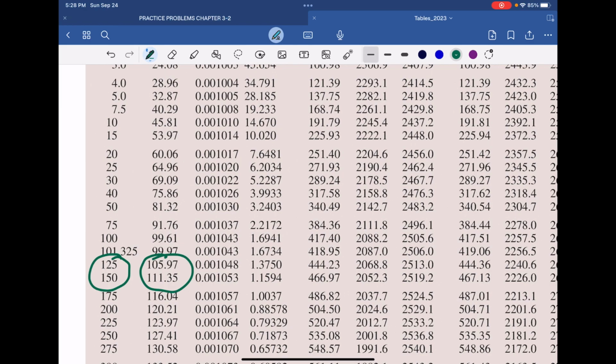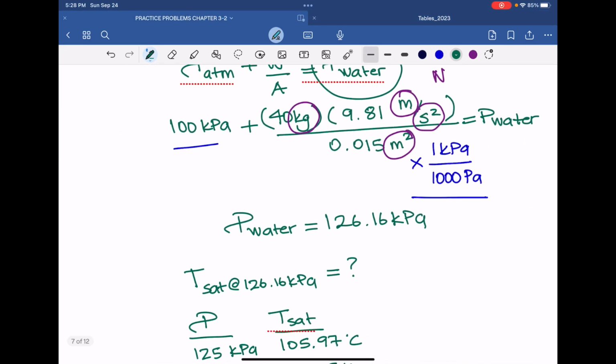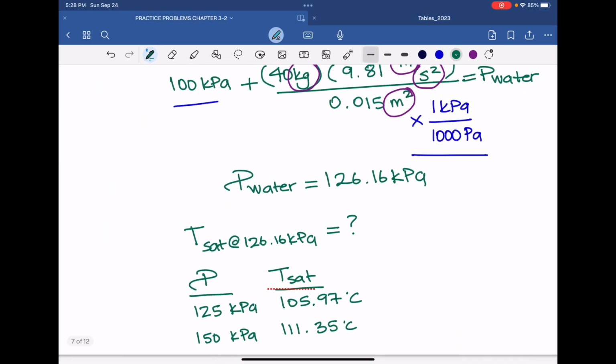Let's check again. Correct. And what we have as pressure is 126.16, and we need to find the corresponding temperature, right? So here you need to do, of course, linear interpolation. Let me briefly do it here.